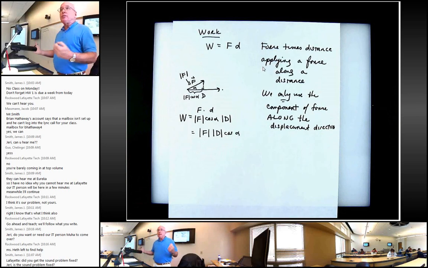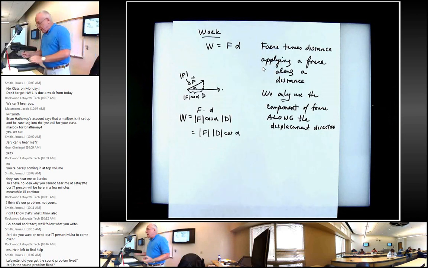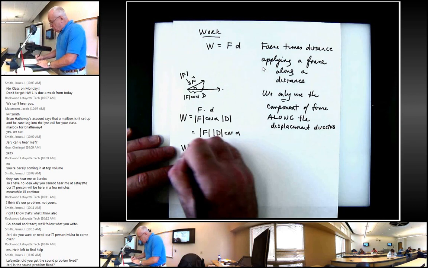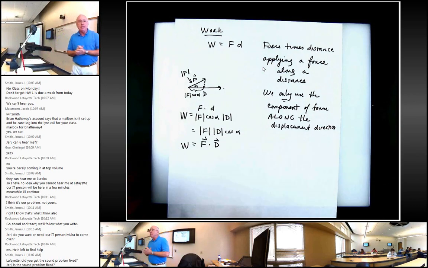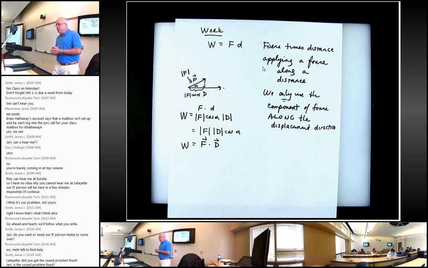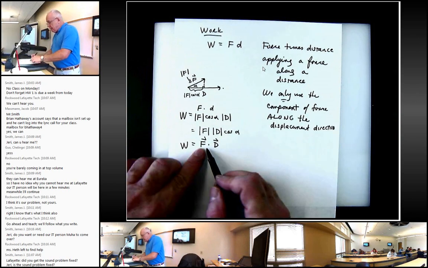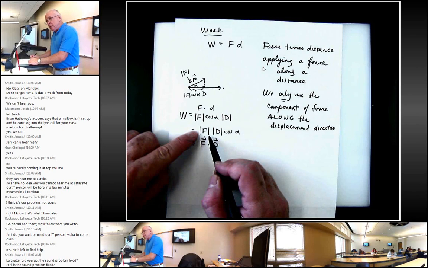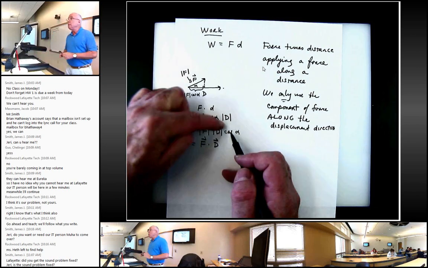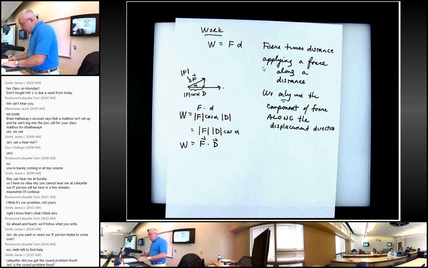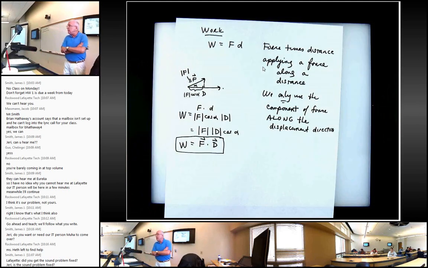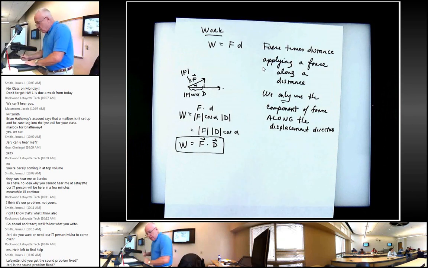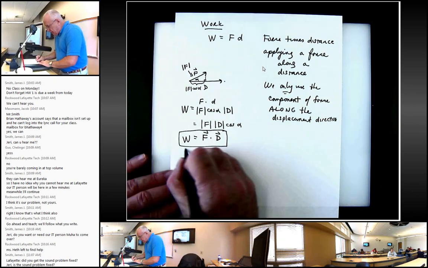Well, that is just the geometric dot product. Work is equal to our force vector dot the displacement vector, because F dot D is the magnitude of F times the magnitude of D times the cosine between them. So work can actually be very simple to calculate. It's really a dot product. So let's look at an example of this.